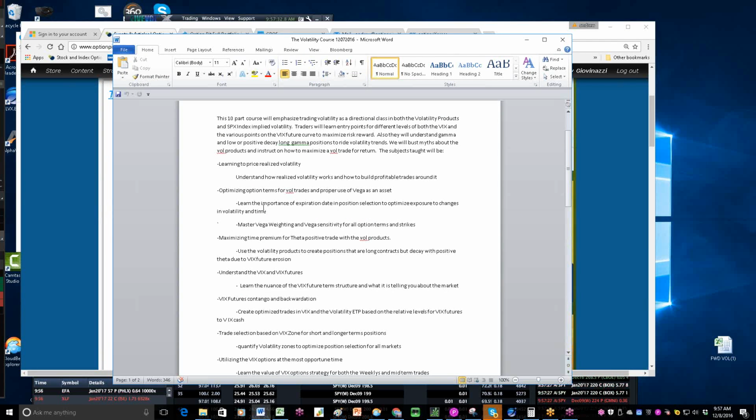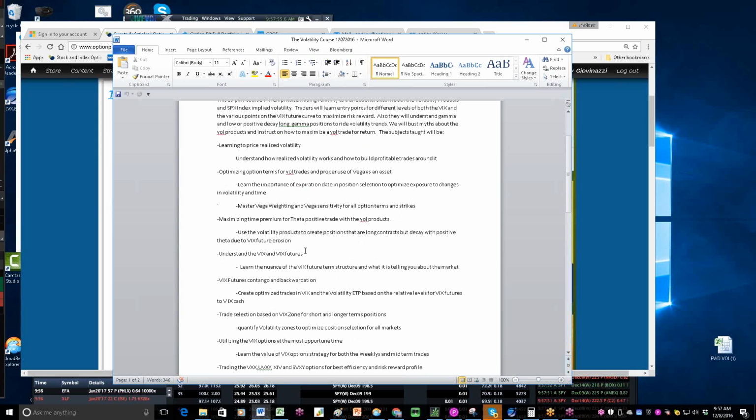You're going to learn to trade volatility as opposed to just trading purely direction. You're going to understand how realized vol works, learning how to pick the right term and using Vega as an actual asset, optimizing short-term decay, usually in the weeklies and dailies that are listed now.